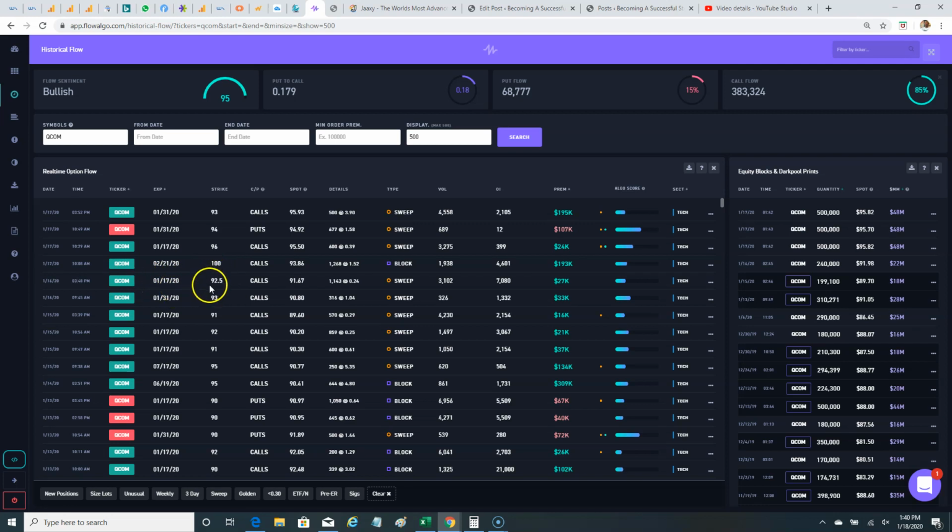The strike doesn't give us any major hints of what's going on, because at the time when they took the trade, the stock is trading at 91.67, and so this strike is out of the money. That's a good indication, meaning that they expected the stock to gain $1 on Friday. $1 here maybe is 1%. So on a Friday, the stock gaining $1, 1%.